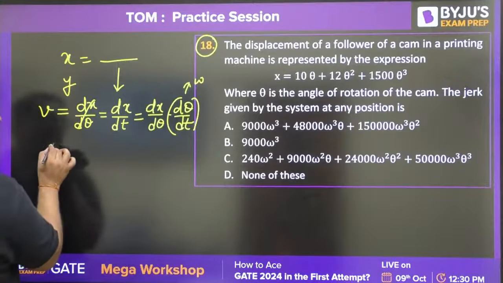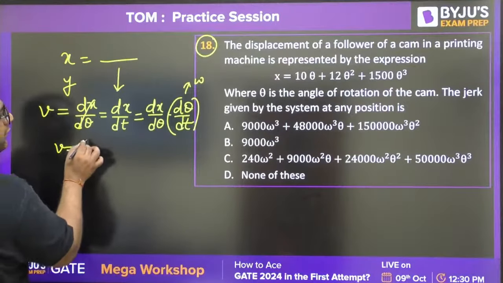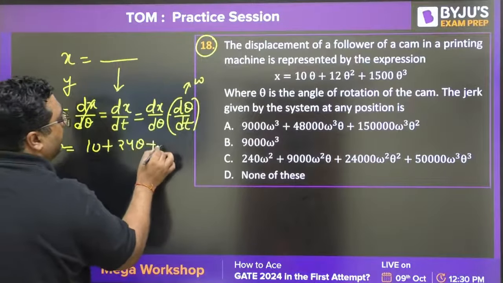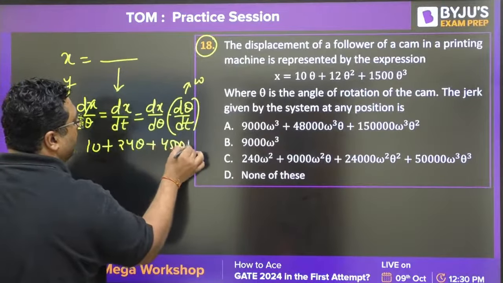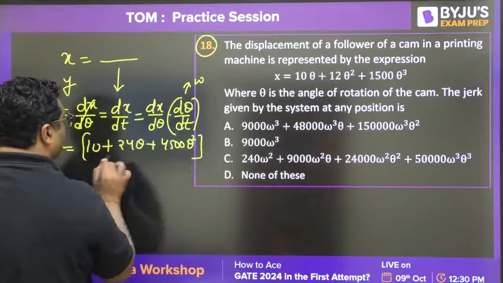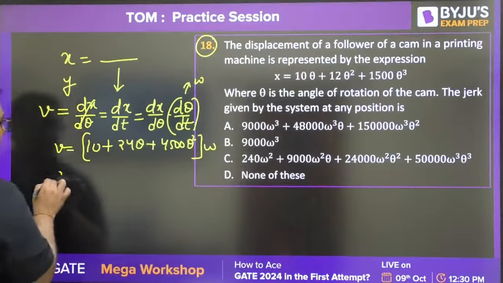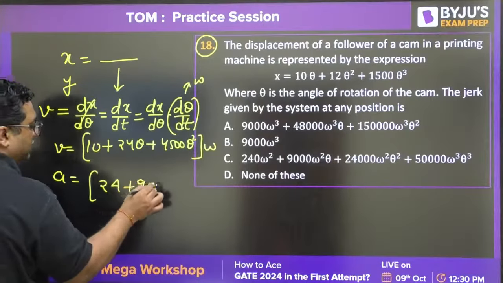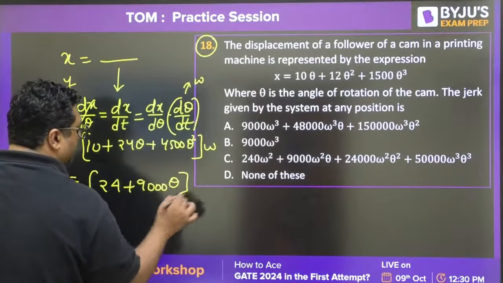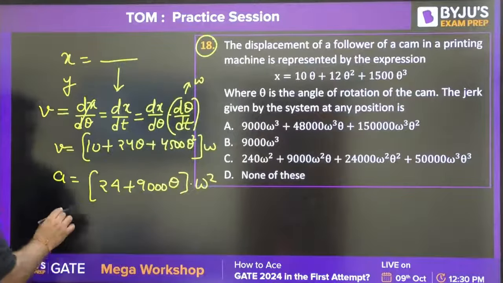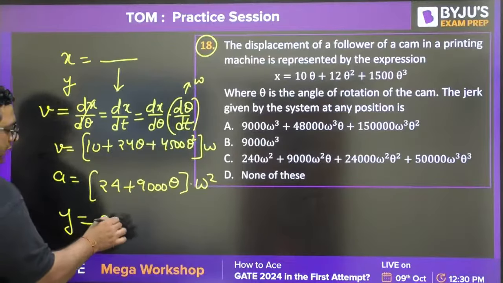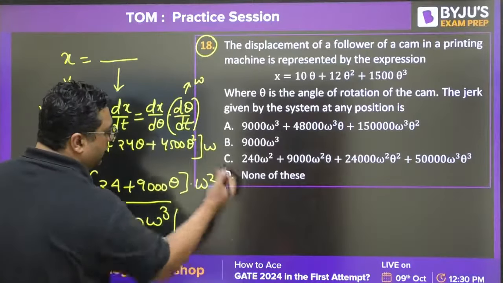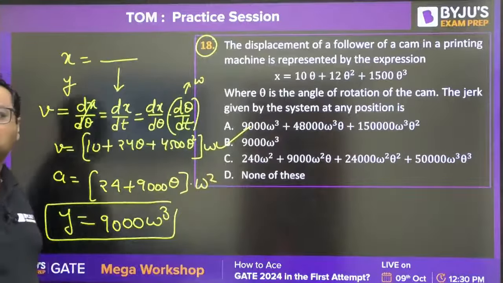So you can write velocity to be 10 plus 24 theta plus 4500 theta square into omega. Then acceleration will be 24 plus 9000 theta into omega square. Jerk will be 9000 omega cube. B will be the right answer.